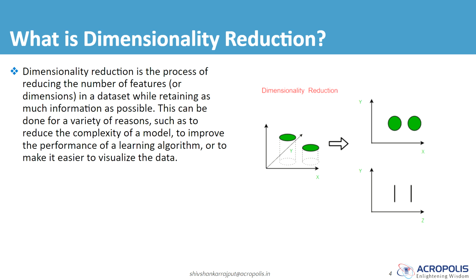It can be used to visualize the data, improve the performance of an algorithm, or to reduce the complexity. Here is a diagram in which three-dimension data can be reduced to two-dimension data. You can see this.